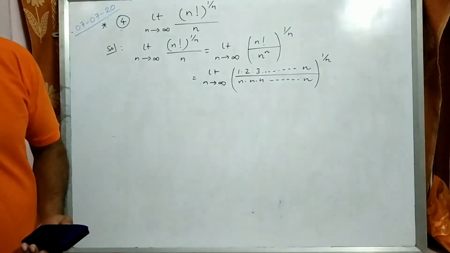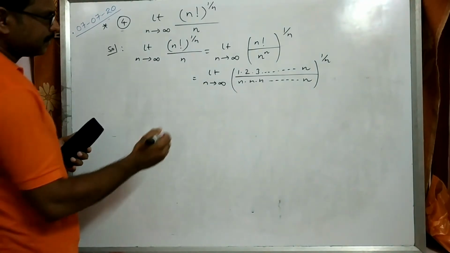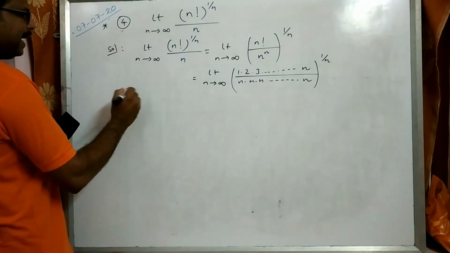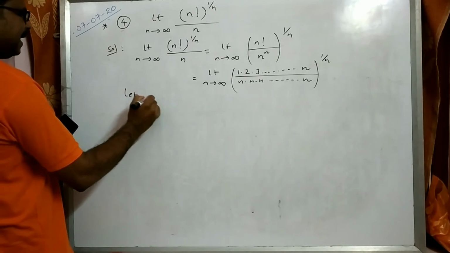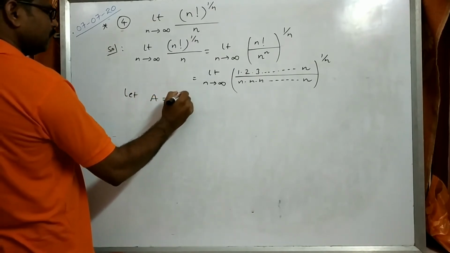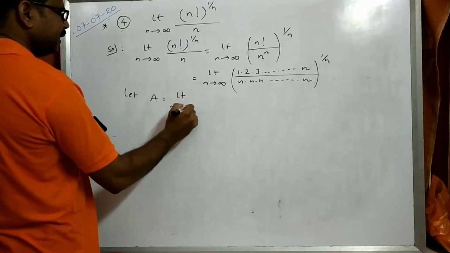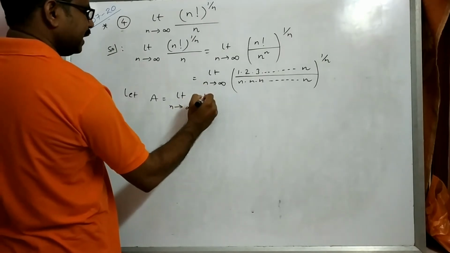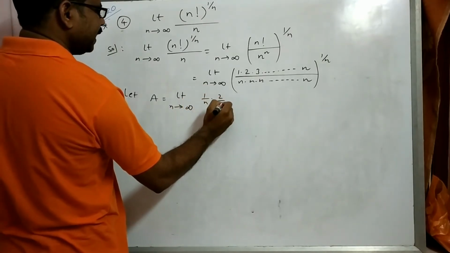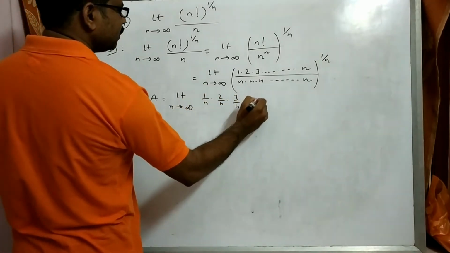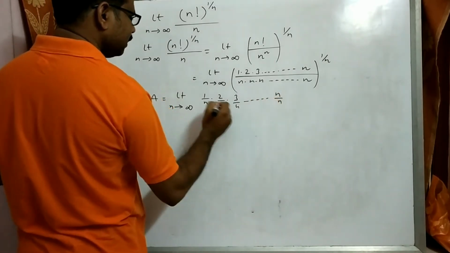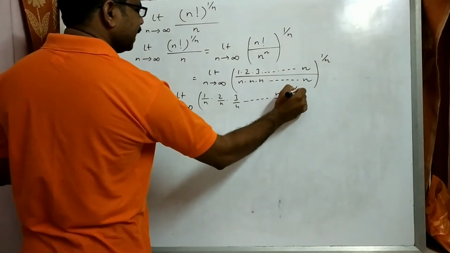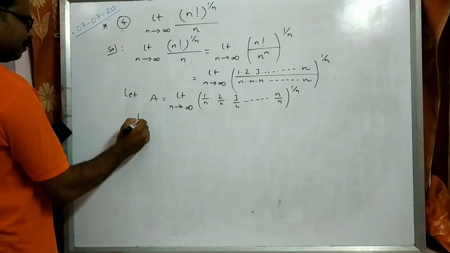Right? Now this I will write. Let it be a. Let a is equal to limit n tends to infinity, I will write this as 1 by n, 2 by n, 3 by n, so on n by n, power 1 by n. So take logarithm on both sides.